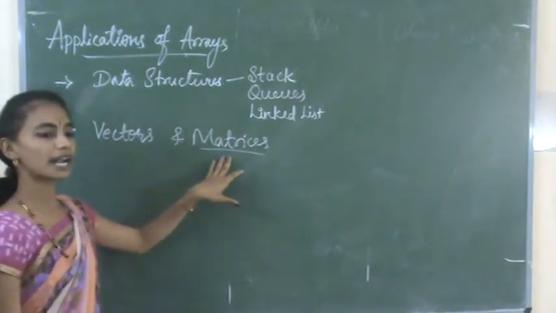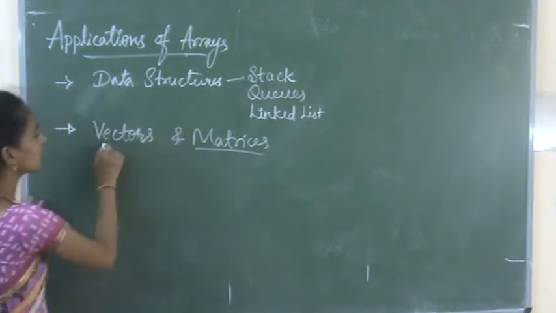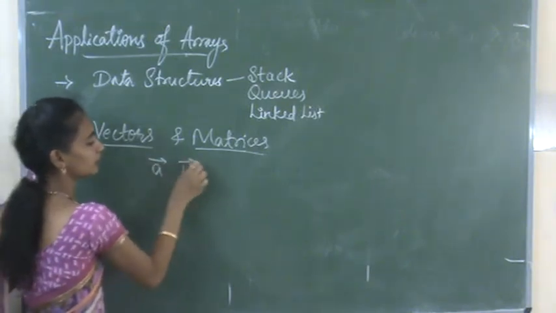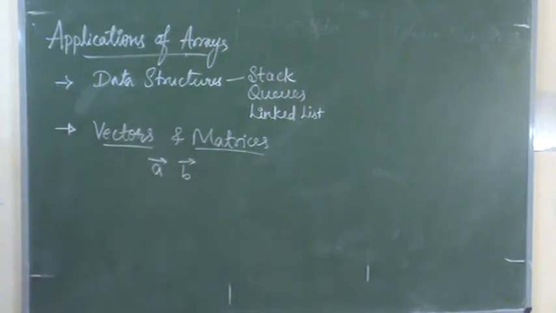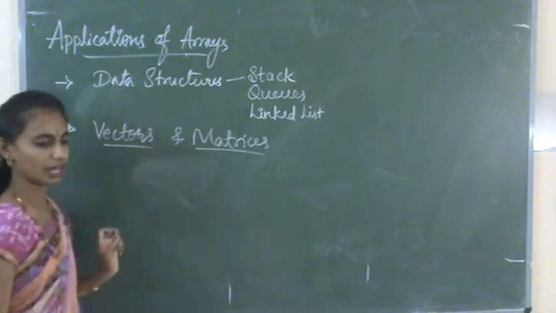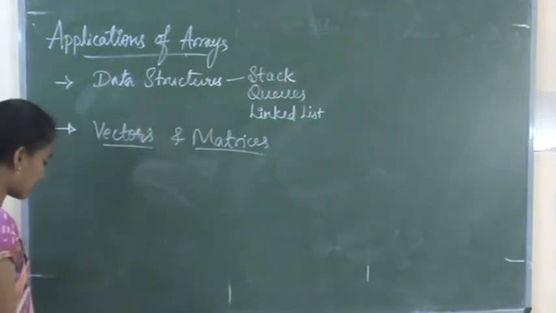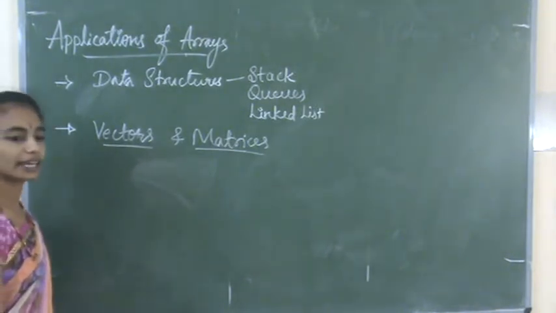Arrangement of rows and columns we call a matrix. Vectors means we use vector A, vector B. That concept is present in mathematics, and in that concept we are using arrays. So what is the second application? Arrays are used in mathematical vectors and matrices.